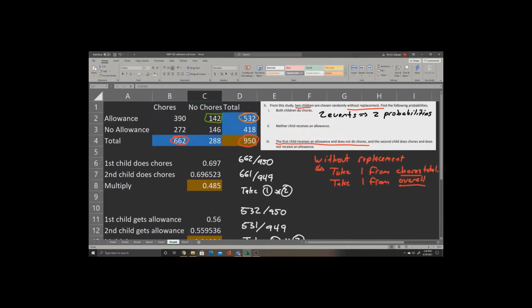Now the second event they asked us about is that the second child does chores but doesn't receive an allowance. Let's locate that in the table as well. We'll look under the chores column because we want the child to do chores and we don't want them to receive an allowance. This gives us 272 in the yellow box. Let's record that below as well.